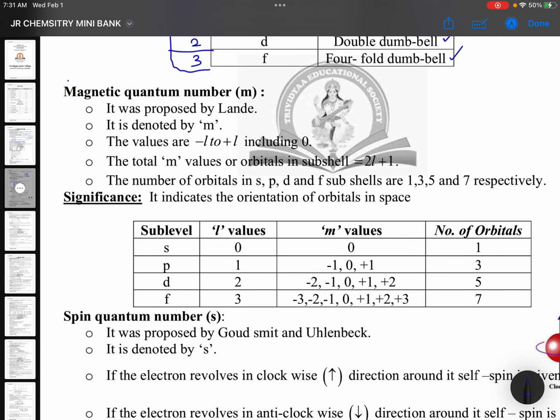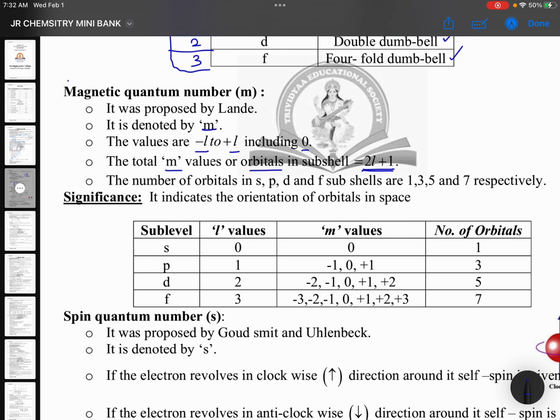Coming to the third quantum number, that is the magnetic quantum number. It was proposed by Lande, denoted by small m. The values are from minus l to plus l, including 0. The total number of m values, that is orbitals in a subshell, equals 2l plus 1.